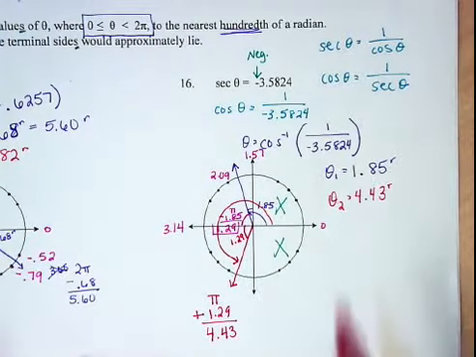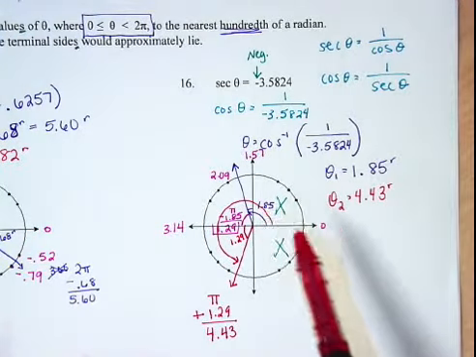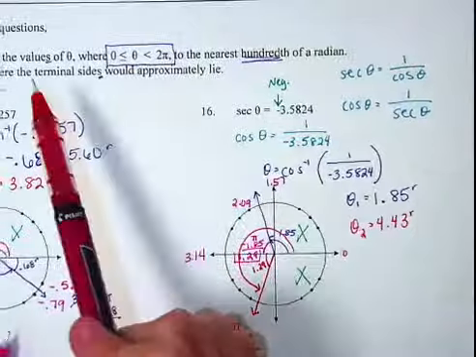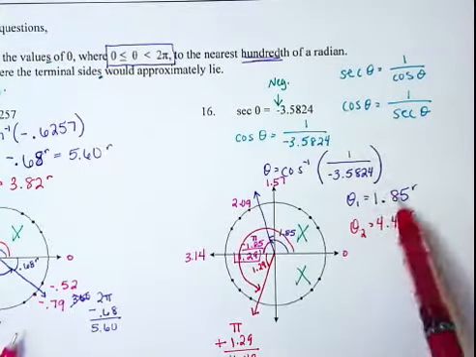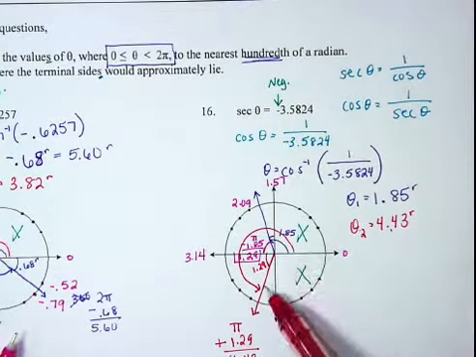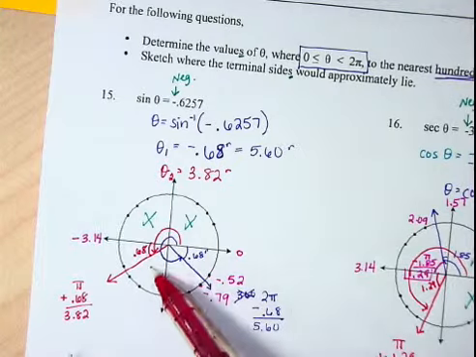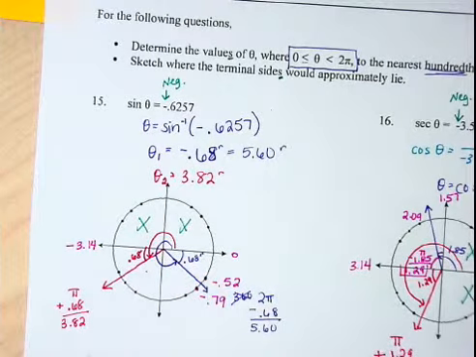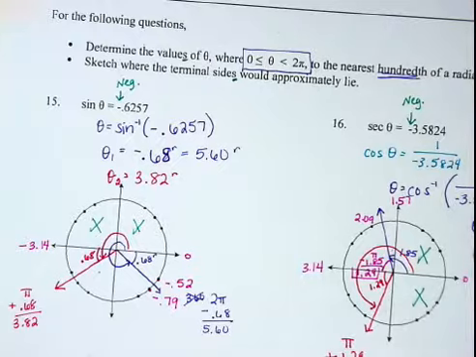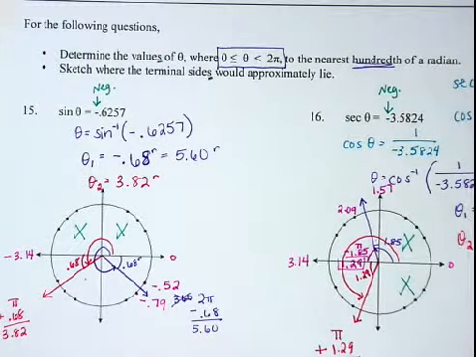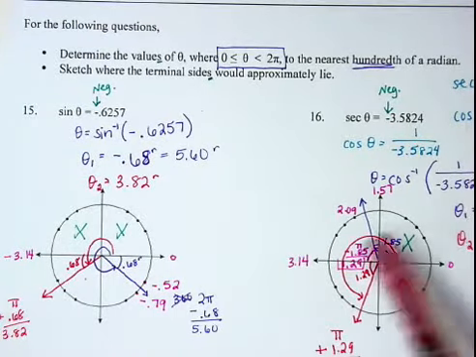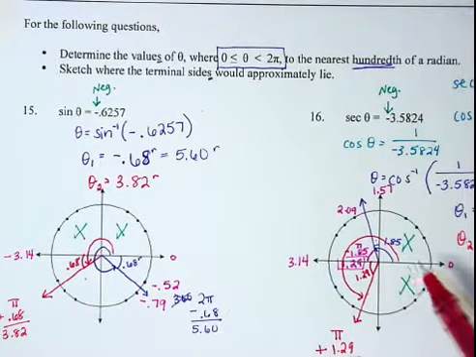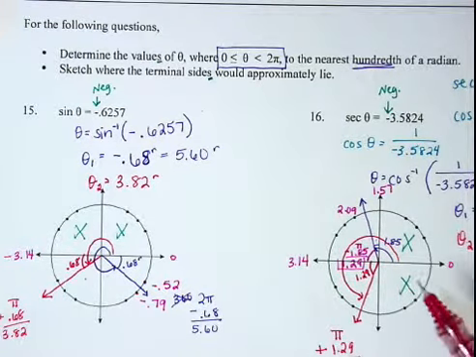Again, for these ones, I'll just reiterate, during your test I'm looking for 2 values of theta and 2 terminal sides. You don't have to cross off the ones that aren't being used, but it helps me so I don't draw it in the wrong spot. Reference angles are very important. This one is the most tricky because you're not given your reference angle, you have to find it.